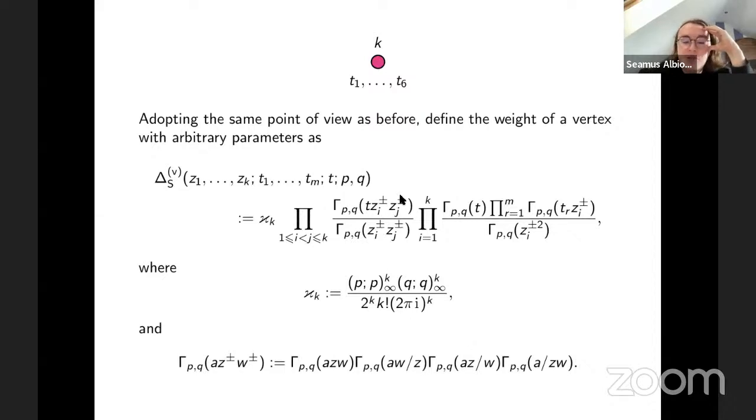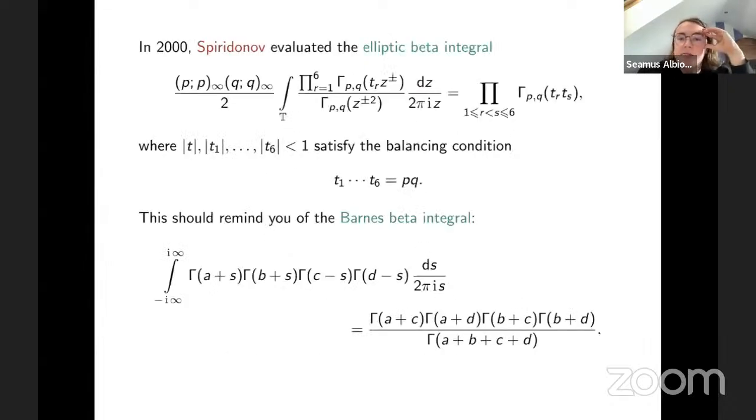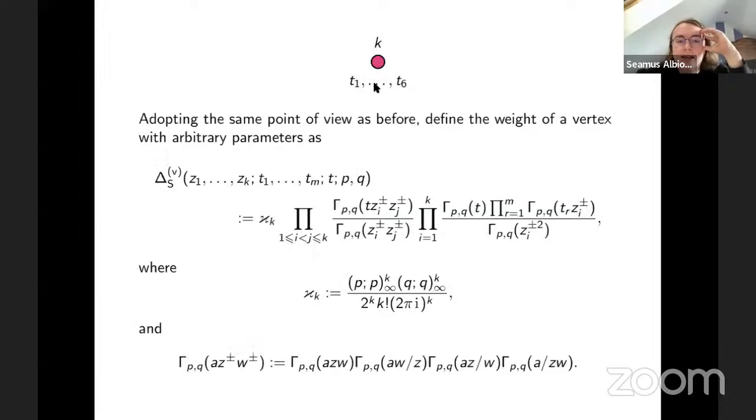Really, this is just to ensure that everything is symmetric under permutation and inversion of the variables. The integrand of the Selberg integral was invariant under permutation of the variables. The integrand of the elliptic beta integral was invariant under z replaced by 1 over z, as you can see here. And now the integrand of the elliptic Selberg integral is, you put these two things together. So you get what's generally called BC_N symmetric.